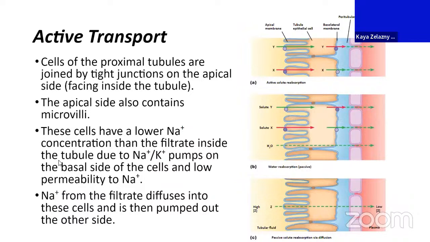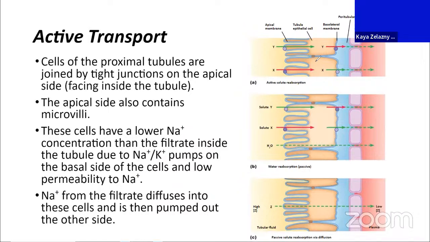Now, we do have active transport of some things happening here across the walls of the tubule, across this renal epithelial layer. So we have tight junctions attaching our cells to each other, right? So here we see our tight junctions.